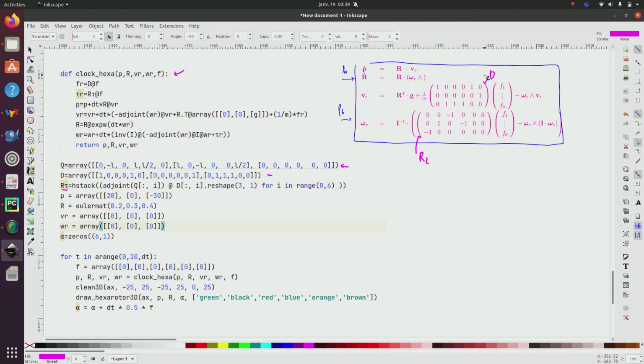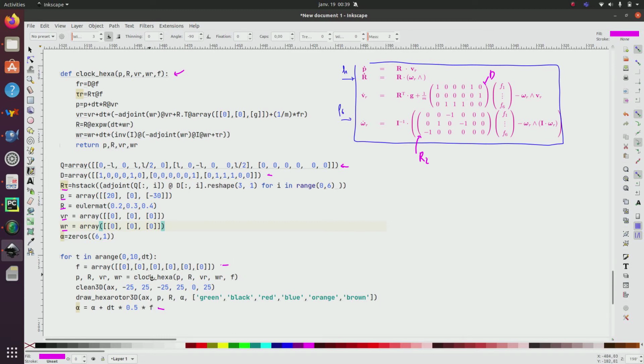For the initialization, I initialize P, R, VR, omega R, corresponding to my state vector, and alpha, the angles of the blades. They are not used in the equation, they just turn with respect to F. The force is equal to 0.